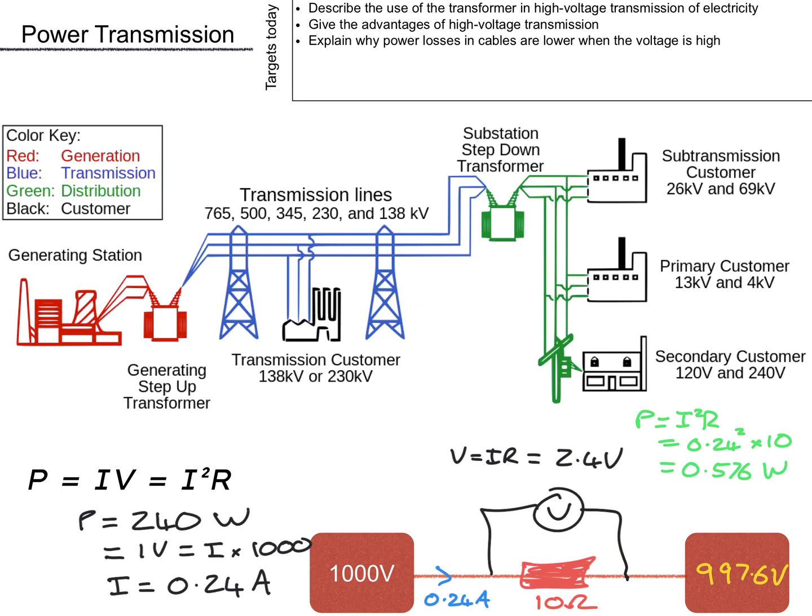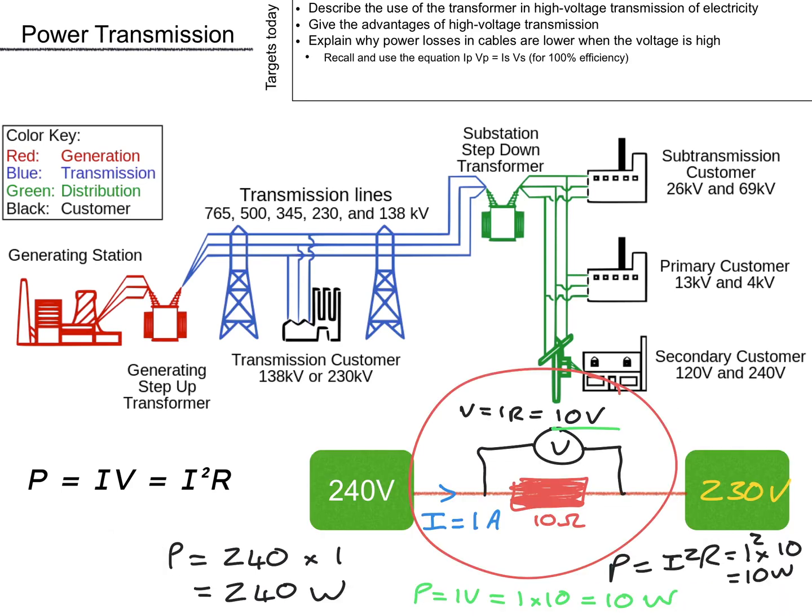If we decide to work out the other way, P equals IV, then we're going to get a current of 0.24 multiplied by 2.4 equals 0.576 watts. So using P equals IV or using P equals I squared R, both of them work out to give us exactly the same answer as long as we use the correct voltage. The value here was power loss was 0.576 watts.